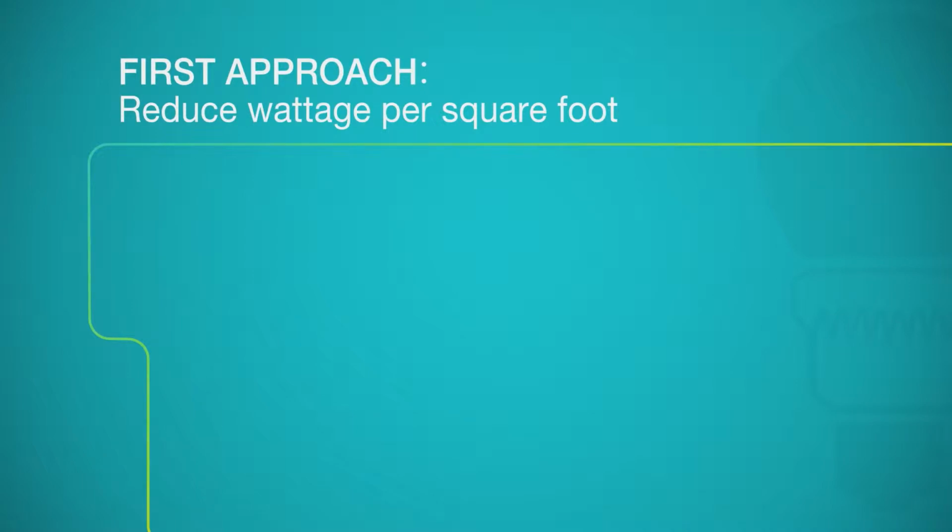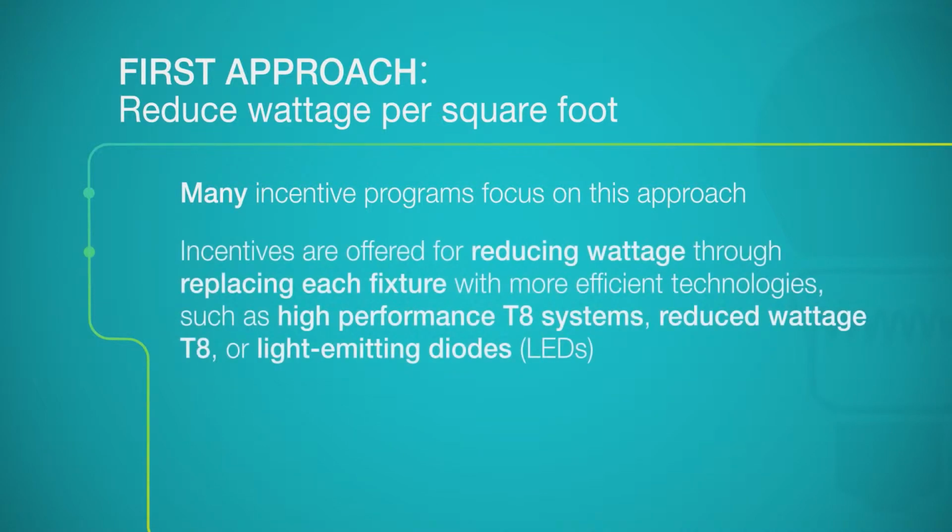One approach to reduce energy use is to reduce the wattage per square foot. Many incentive programs focus on this approach, offering incentives to reduce the wattage of each fixture through more efficient technologies such as high-performance T8 systems, reduced wattage T8, or light-emitting diode, or LED, technology.